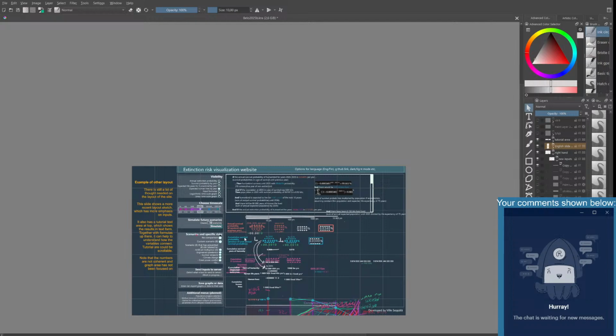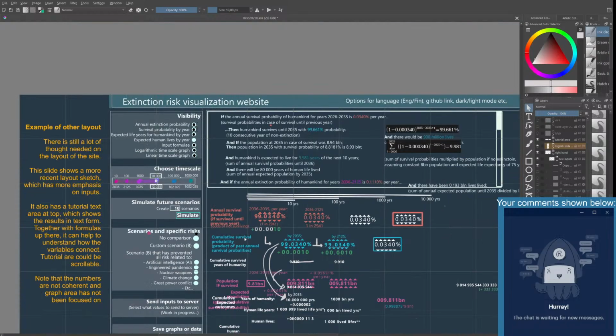Because I think this could be something that I'm gonna show up on this graph area using maybe some color. And maybe the user can make the connection.